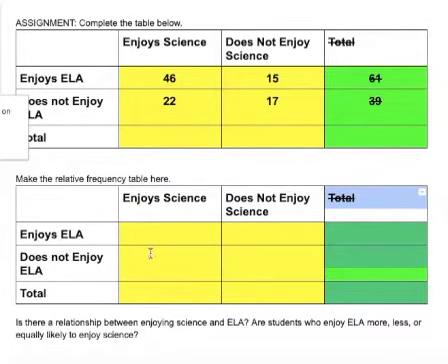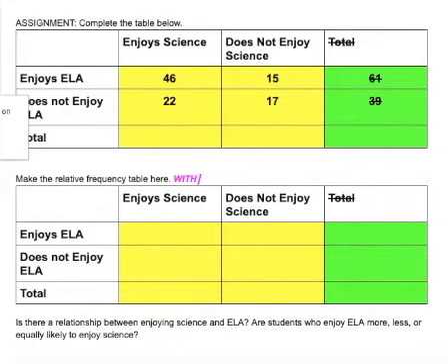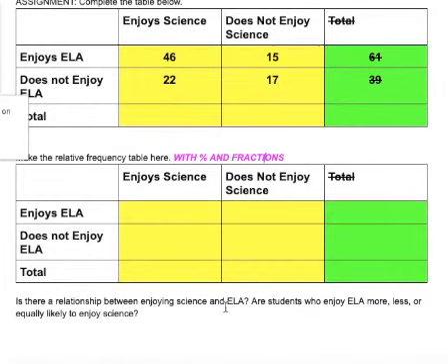You complete the relative frequency table here with percents and fractions. Show the fractions and the percent, so I know you set them up right. And then, is there a relationship? Are students who enjoy ELA more, less, or equally likely to enjoy science?